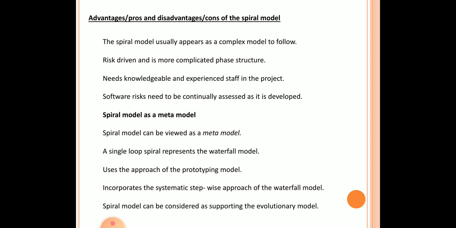So it is much more powerful than the prototyping model, which requires that all the risks in the product be known at the start of the project, and all risks be resolved before the project development starts. So this is said to be a better one compared with all the other software models. So we are at the end of the first unit.